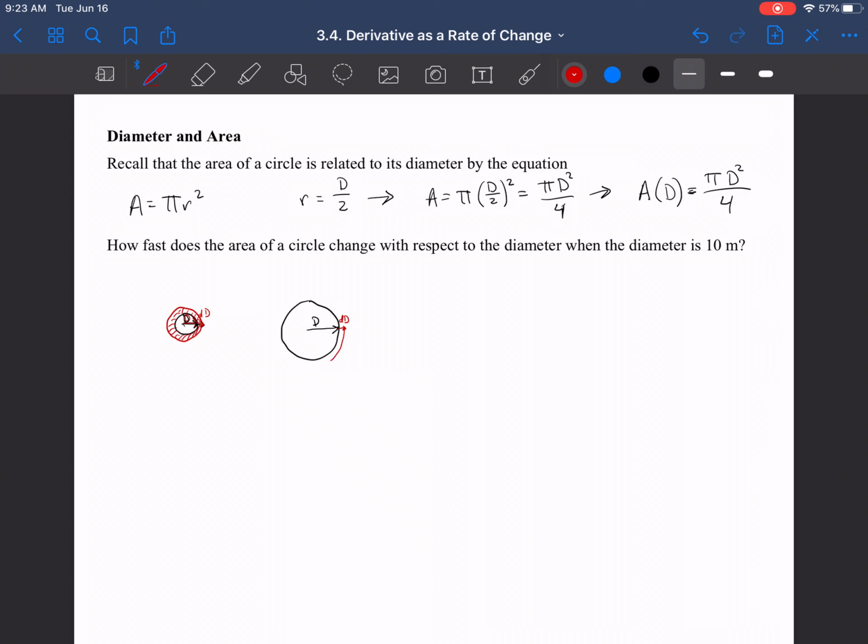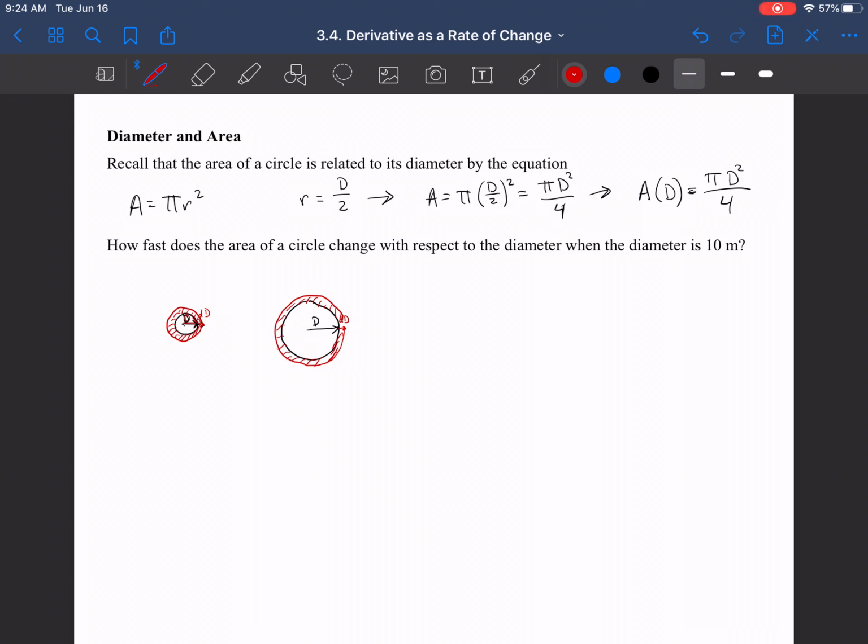And now we add that same thickness of a super thin ring on here. We get a different area inside that ring that's been added on to the total area of our circle. And so the larger the circle gets, the larger this red ring around it is as it increases in size.